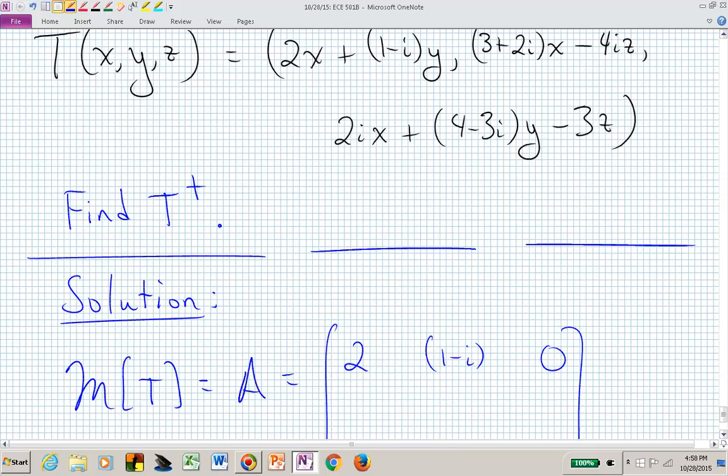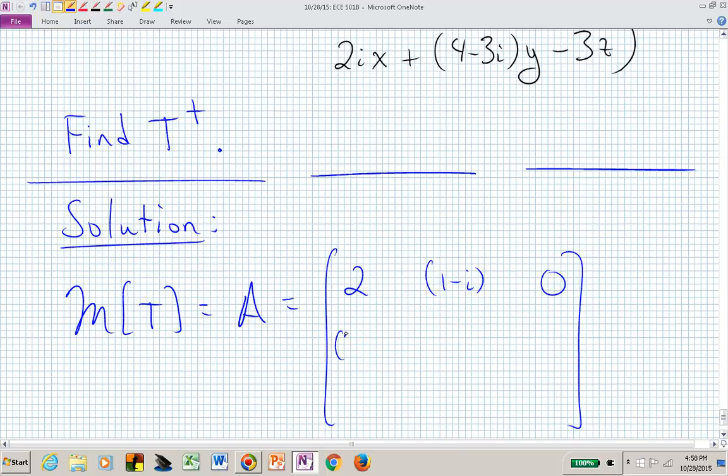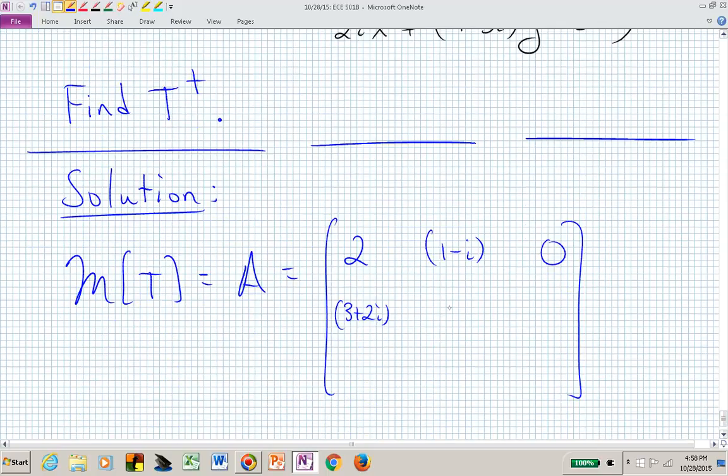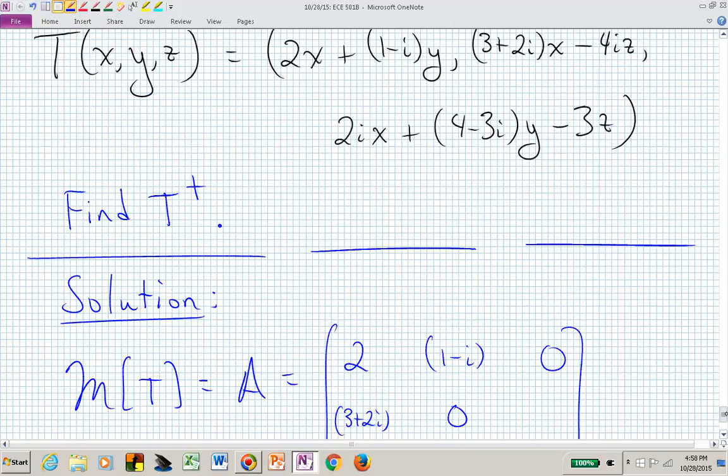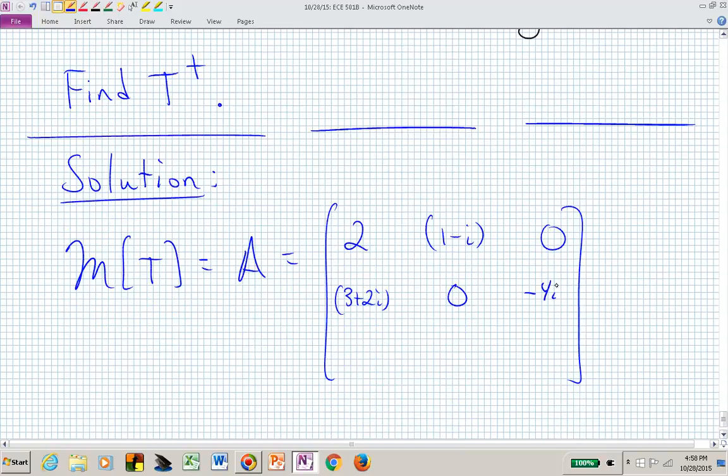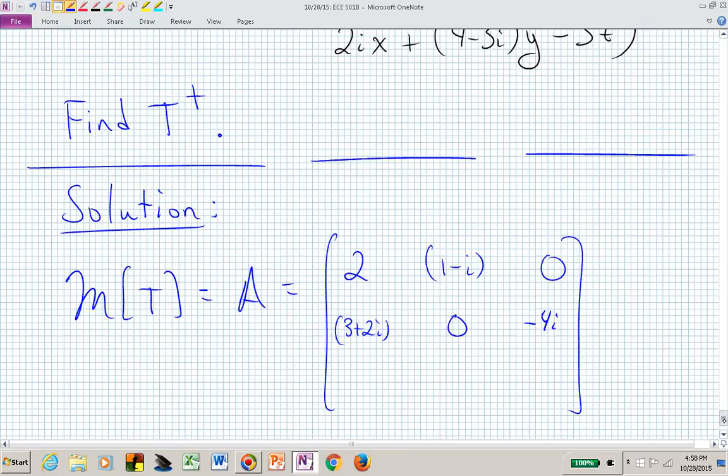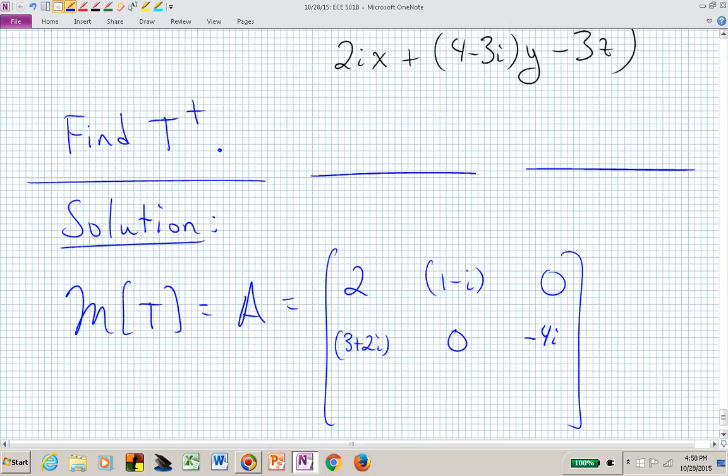The second coordinate needs to scale x with the complex number 3 plus 2i. It's not scaling any y, so I put a 0 in there, and then it scales z with minus 4i. And finally, the third coordinate is 2i times x plus 4 minus 3i times y minus 3 times z.